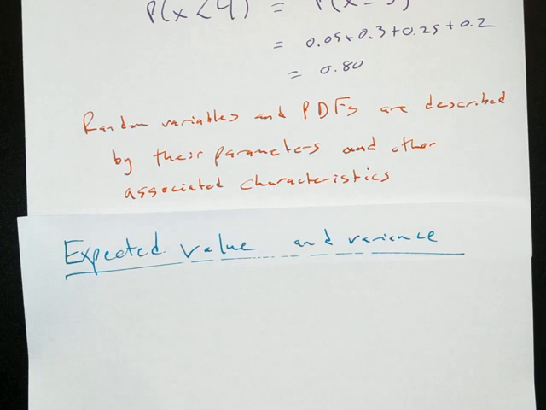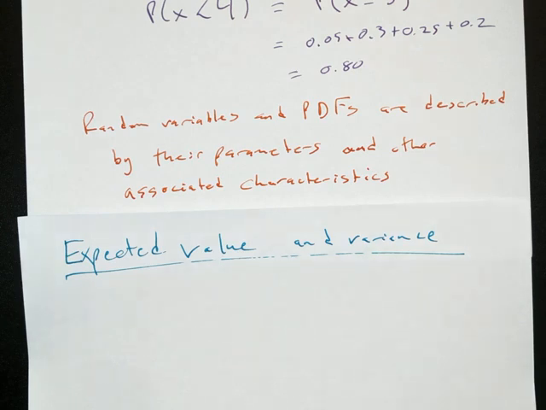Expected value then is the same idea as a mean, an average, and a variance goes with a standard deviation. We're looking at the same ideas as we did in chapter 4. We're just going to apply them to these now. All right, in order to do variance, standard deviation, I need an average.